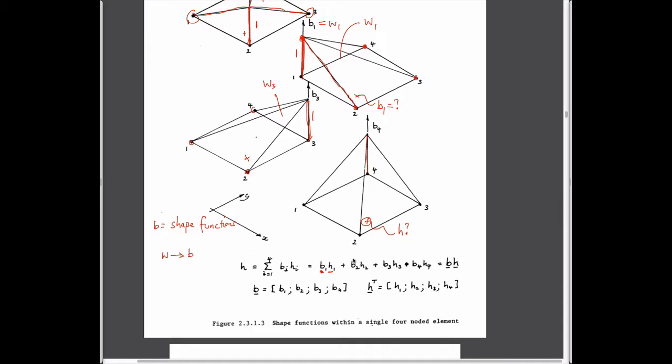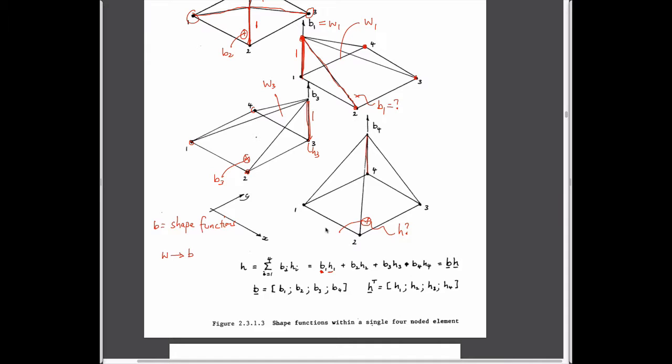And then we can take the value of the head at node 2 and multiply it by the value of b2 at this particular point, and the value of the head at node 3, which is h3, and multiply it by the value of b3 at this particular point, etc. And this would be h.